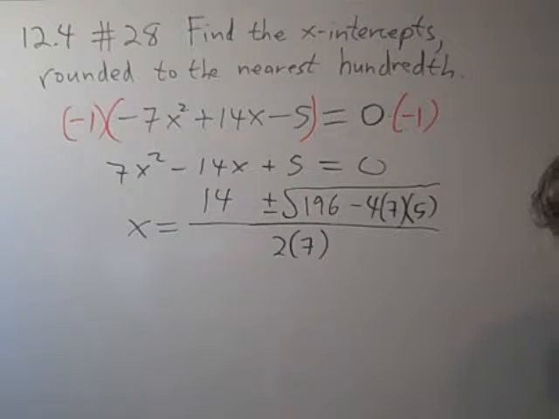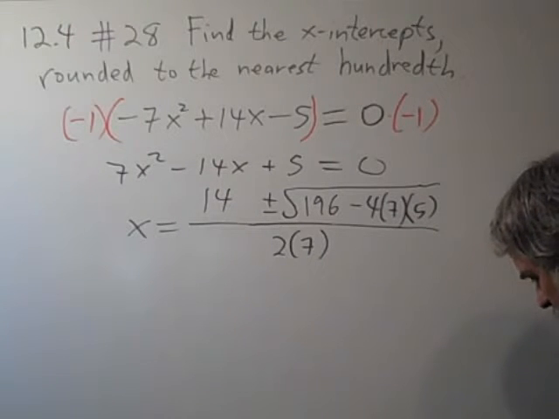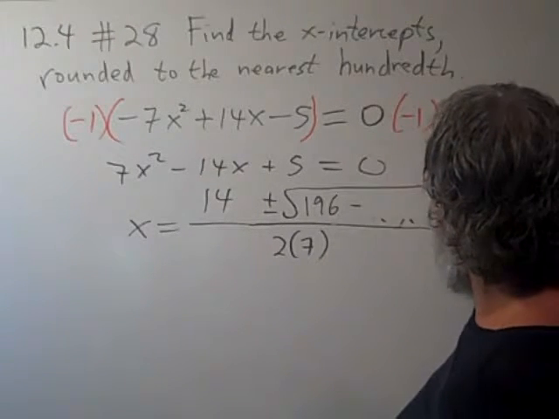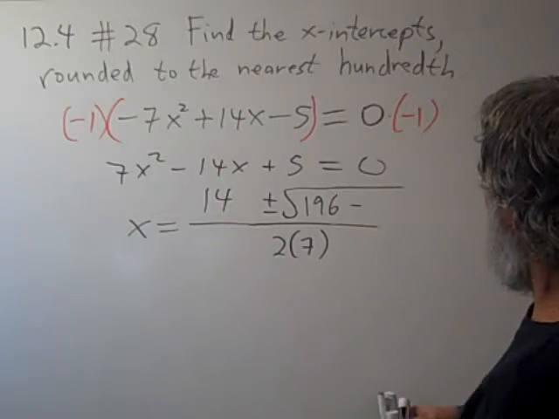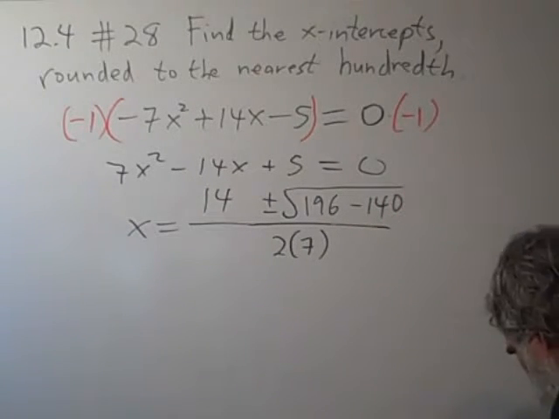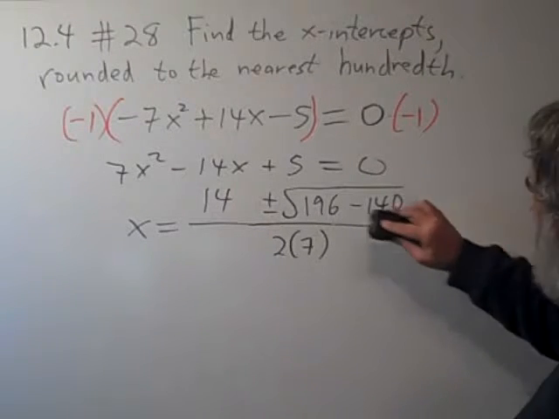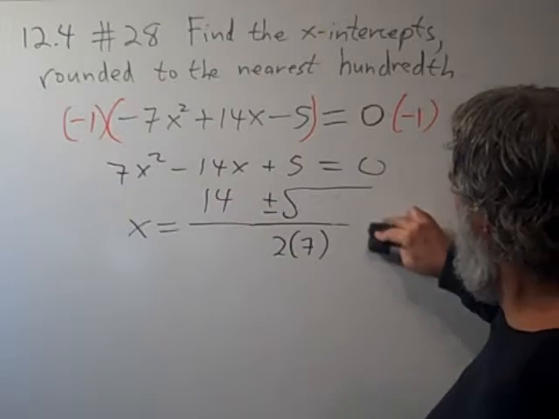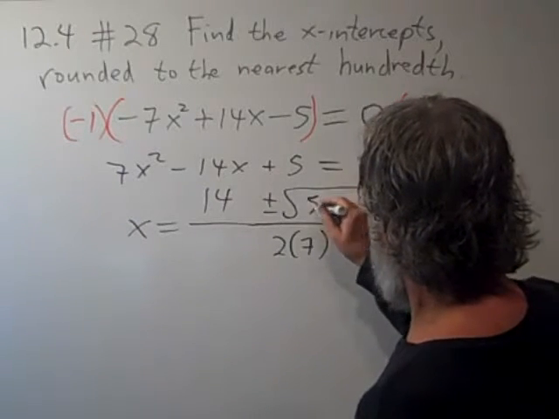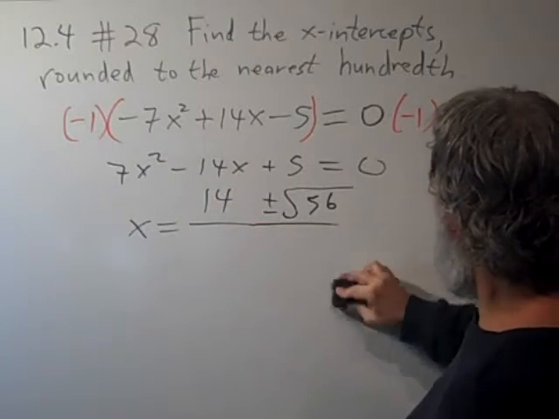And let's see, 20 times 7, that's minus 140. And 196 minus 140 is 56. And 7 times 2 down in the denominator is 14.